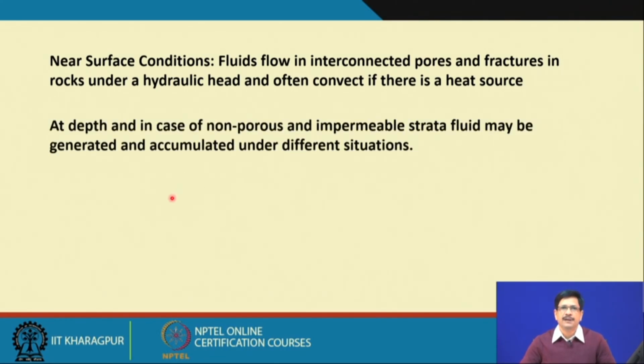At depth, in the case of non-porous rocks, or rocks whose pores are not interconnected, the permeability is low, and they act as impermeable strata. Then fluid will be generated within the deeper parts of the rock layers in the crust, and the fluids will get accumulated in the rocks.